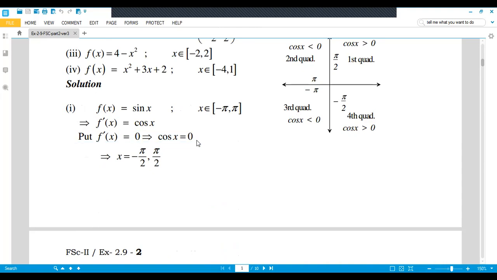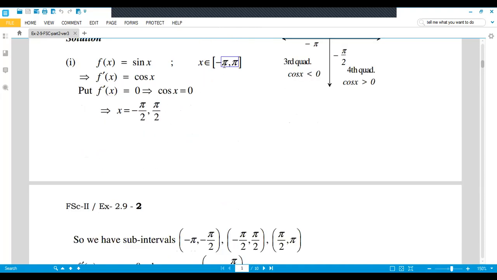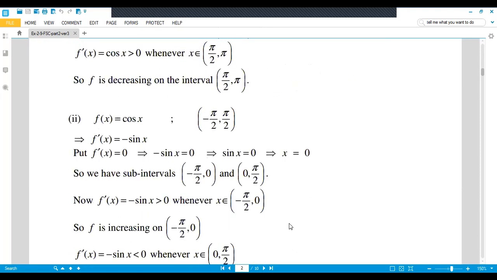So cos inverse 0 is minus 90 degrees or plus 90 degrees. So the given interval is minus pi to pi. So the subintervals are minus pi to minus pi by 2, and minus pi by 2 to plus pi by 2, and plus pi by 2 to plus pi.